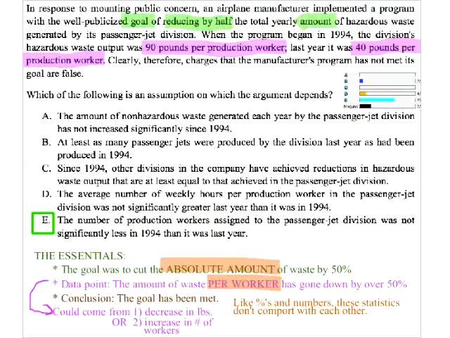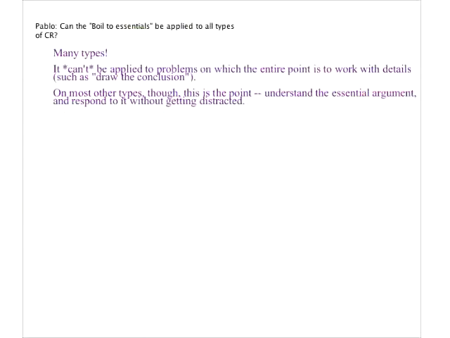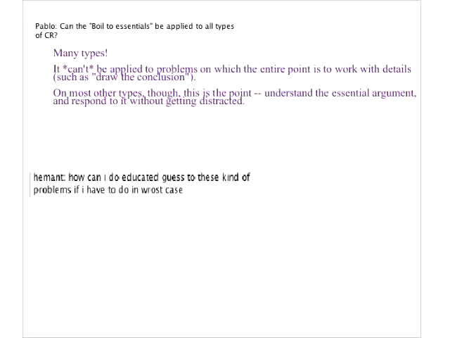In critical reasoning, it's very difficult to talk about stuff like that. In most critical reasoning problems, there's not going to be a ton of reliable guessing methods. What I will give you is one fact.